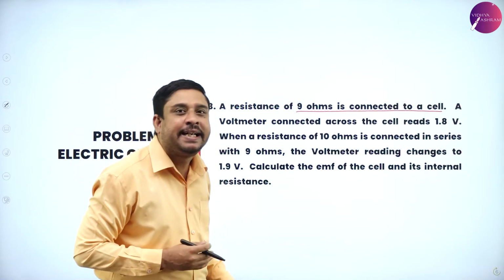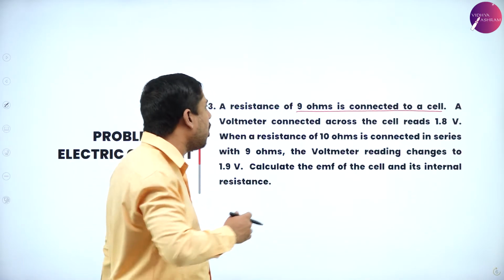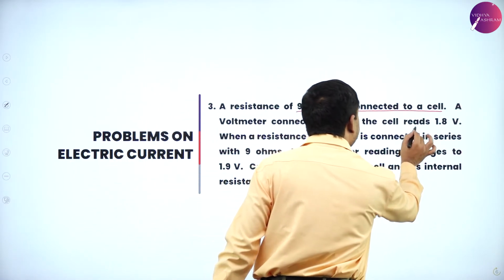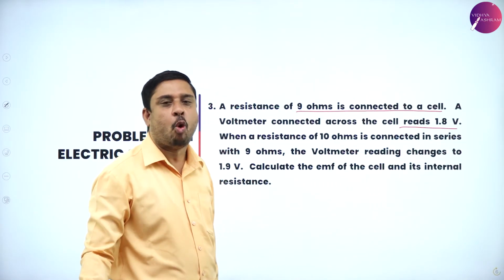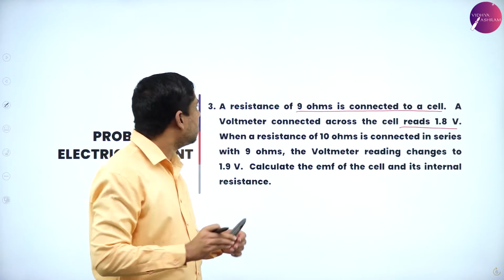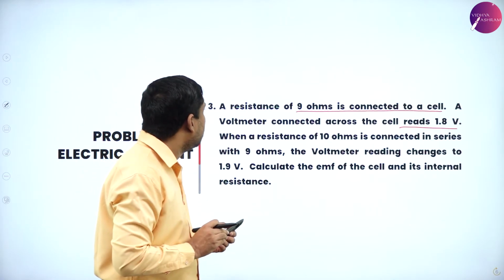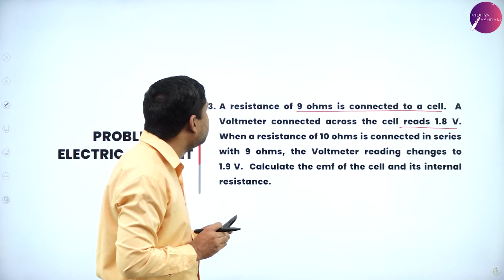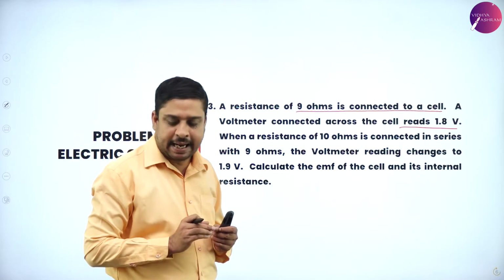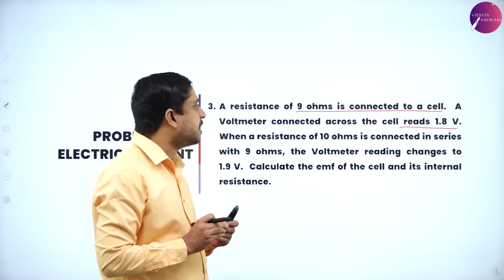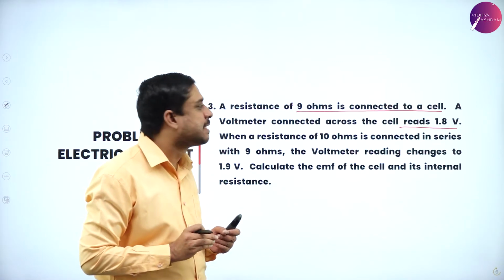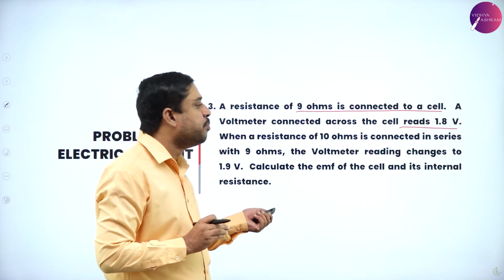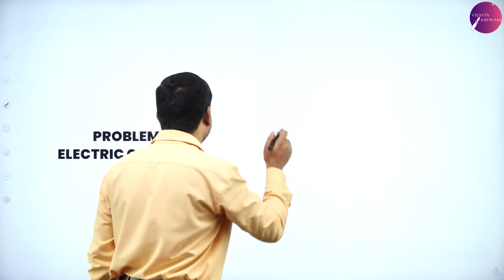The voltmeter connected across the cell reads 1.8 volts. So there is a resistance of 9 ohms which is connected to a cell. Voltmeter across the cell reads 1.8 volts.